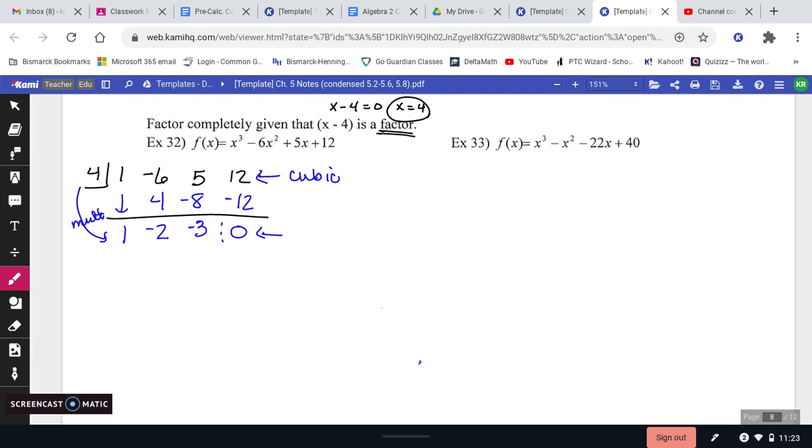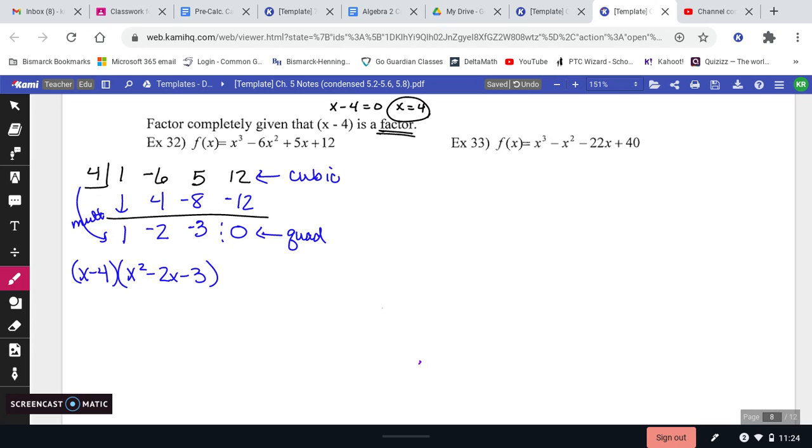So we've divided by a factor of x equals 4, and that means these are now your coefficients for a quadratic. So this says x squared minus 2x minus 3. And now we also had that factor of x minus 4. So far this cubic has been factored down to this.